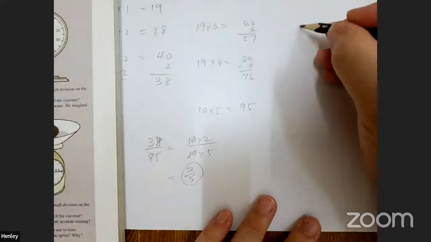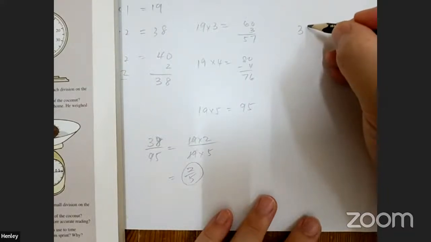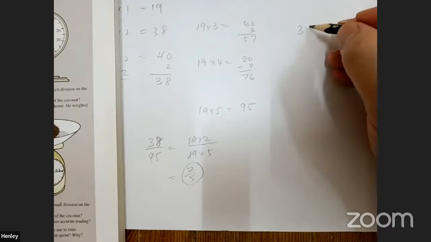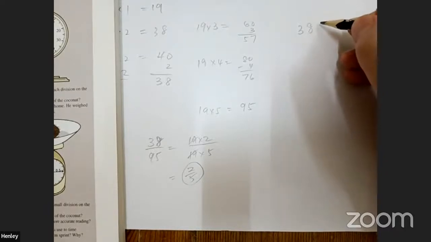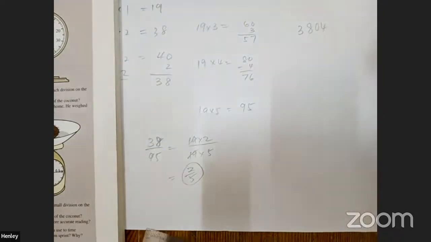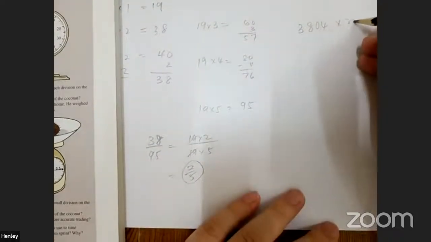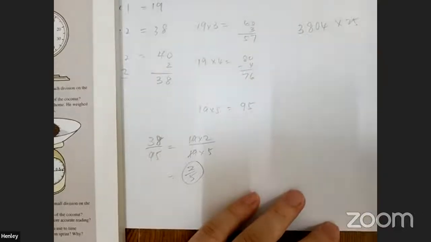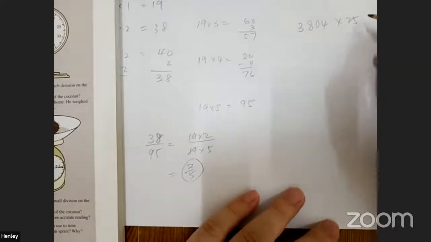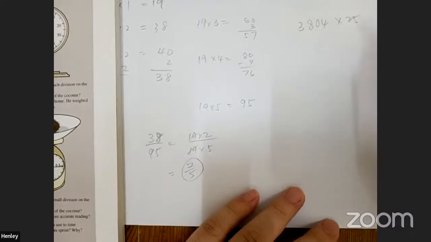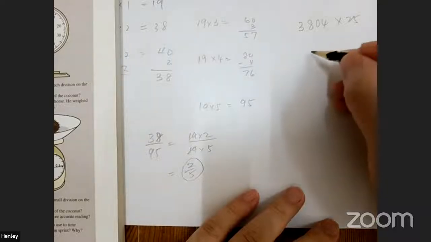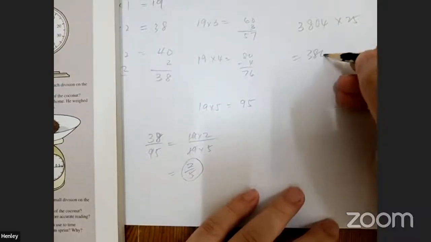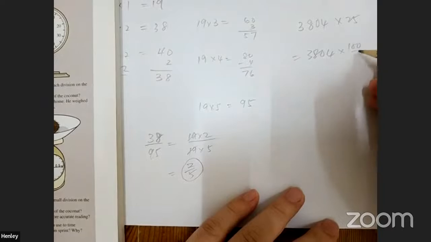Not only this. When you have this number, 3804 maybe, times 25. 25 is hard, but I think you know that 25 is also near to the number 100 divided by 4.